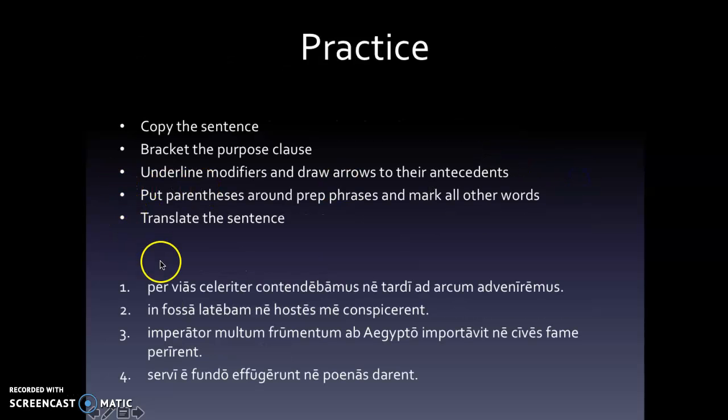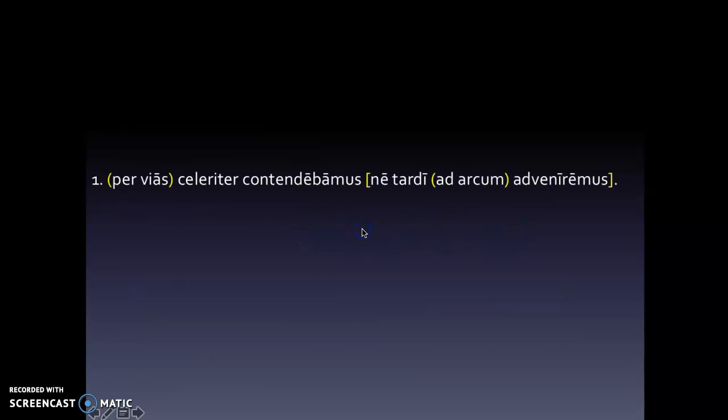All right, just like as before, pause the video, copy down these 4 sentences, go ahead and mark them up accordingly, write out a translation, and then check your work. All right, so per vias is a prep phrase. So is ad arcum. Our purpose clause starts with a ne, ends with a subjunctive. We've got an adverb.